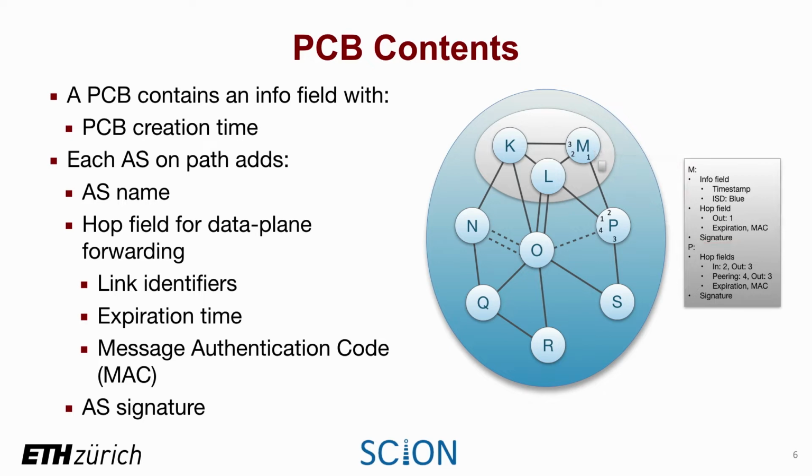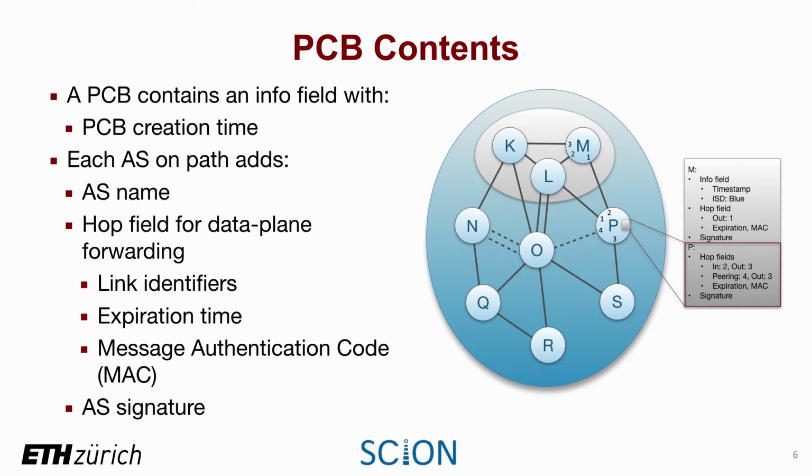AS P then, receiving this PCB, adds the following information, its own name P, and also a hop field where it stores that the PCB arrived on interface identifier 2, and in this case it's going to be sent down to S, and so the outgoing interface identifier is number 3.